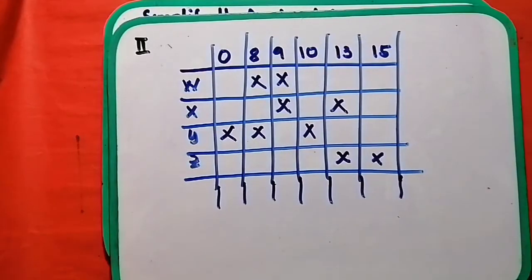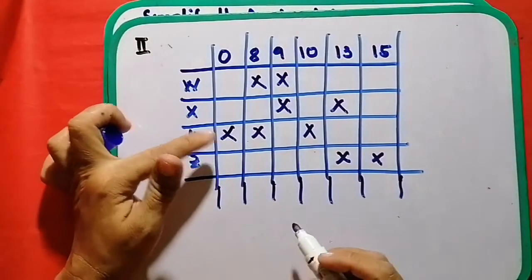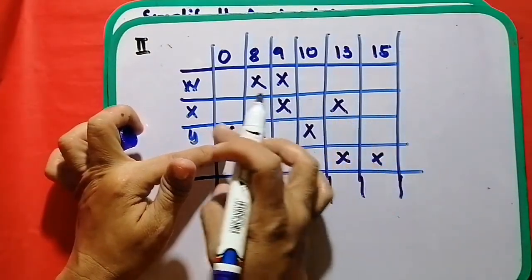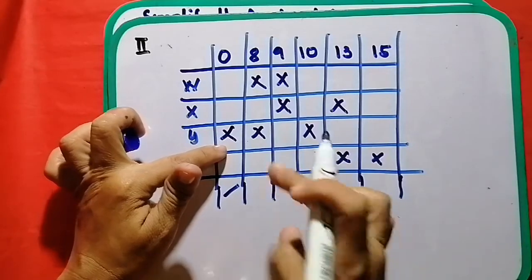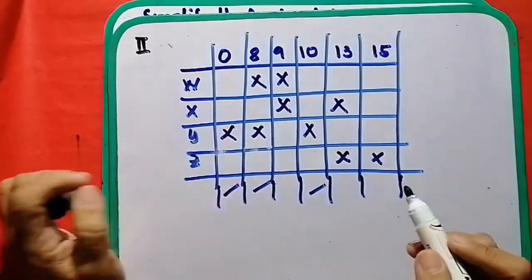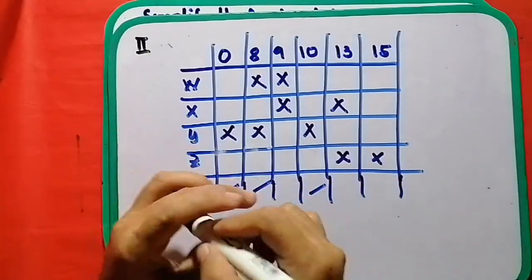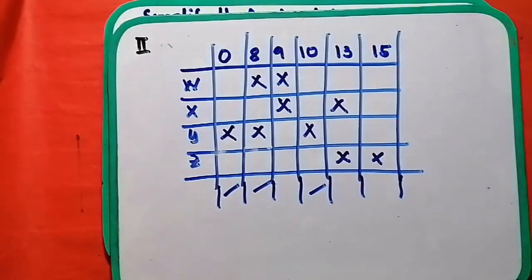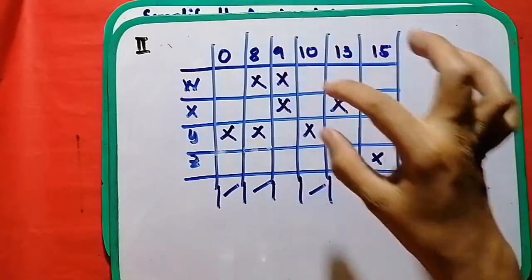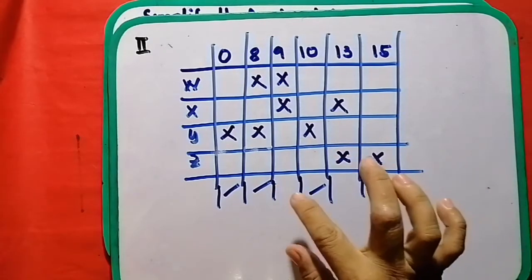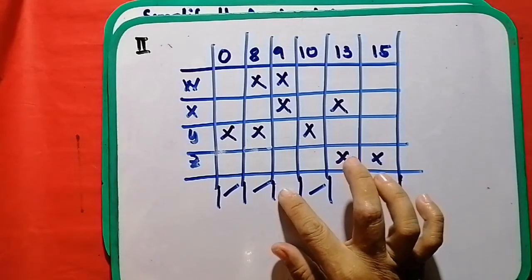Okay. Then next, we put a tick at the bottom row. So 0 has 1 X, so check. That also includes the X's belonging to same group. So that would be 8 and 10, because they belong to group Y. Then for 9, we have 2 X's, so that cannot be selected as of now.